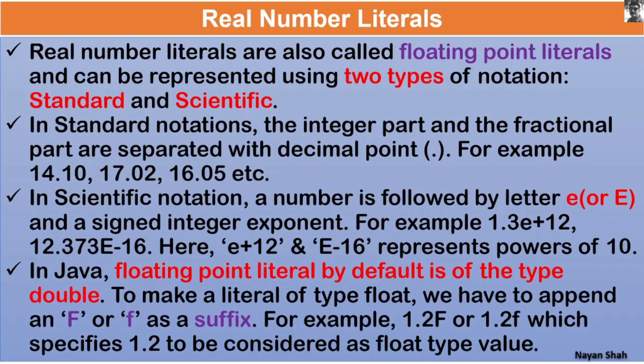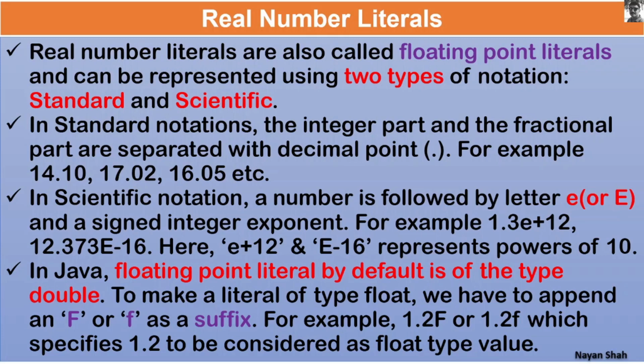In Java, a floating point literal by default is of type double. So whenever you write any number with a floating point like 2.5, it is double. By default its data type is considered as double. To make a floating point literal of type float to save memory, when you are sure the floating point number you are using is not very big and does not require double data type, because double occupies 8 bytes of memory and float occupies 4 bytes, then to save memory we can forcefully say 1.2f or 1.2 small f.